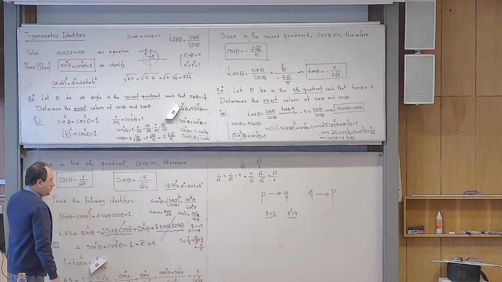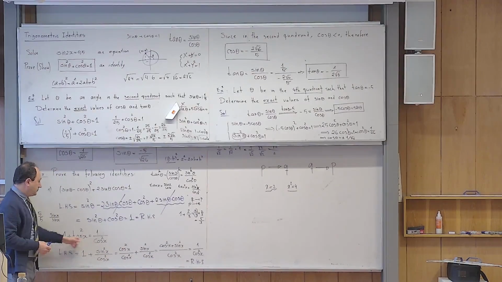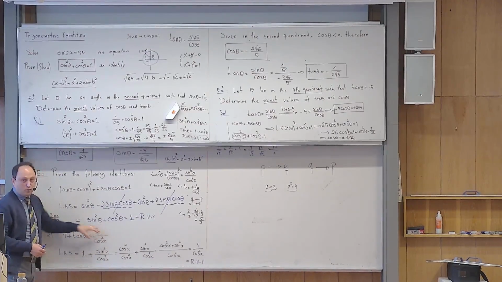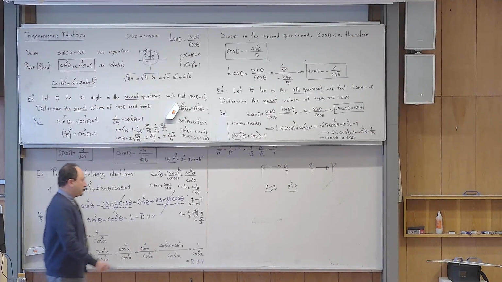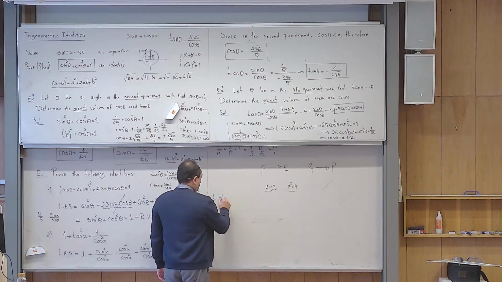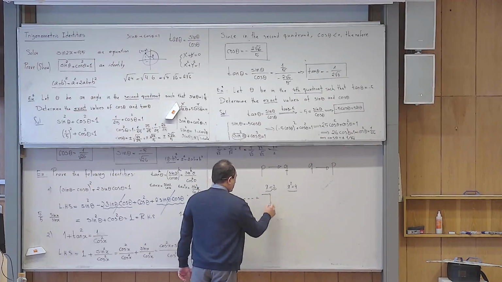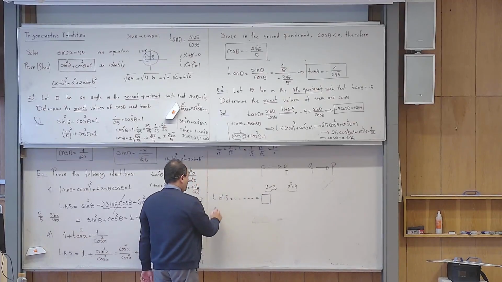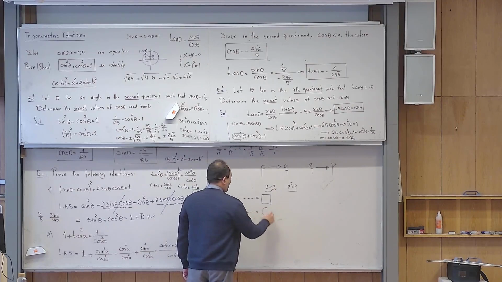Another method is also possible. For example, let us say that I have an identity where both sides are complicated. That is possible. You take the left-hand side and simplify it, and you get stuck at some point. And then you take the right-hand side, simplify it, and you get to another point.